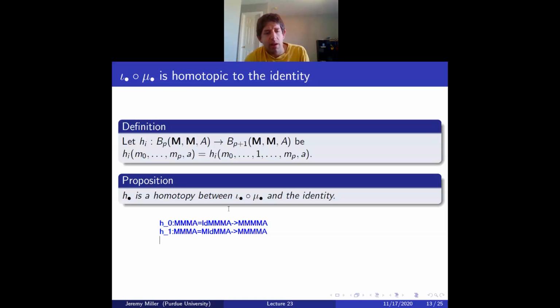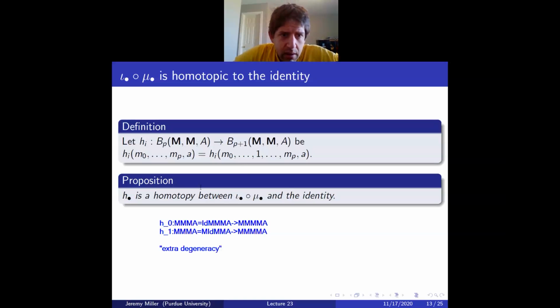Yeah. So then the claim is that these maps assemble to form a simplicial homotopy between the identity on the bar construction and this multiplication map composed with the identity map. The slogan for this kind of argument is that it's an extra degeneracy.